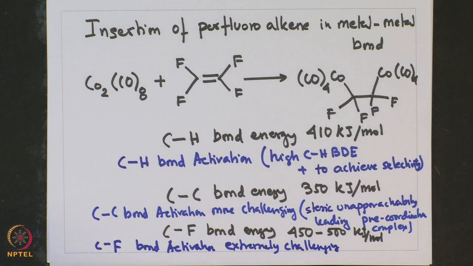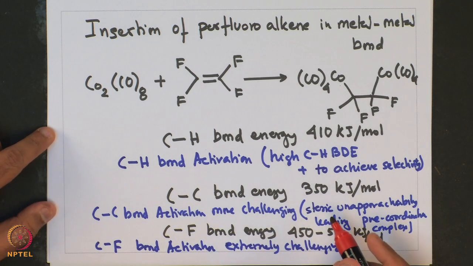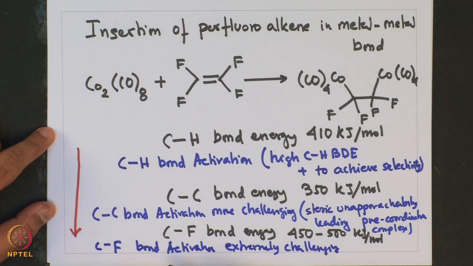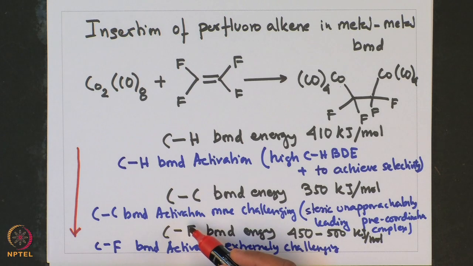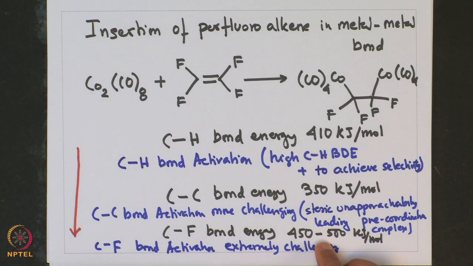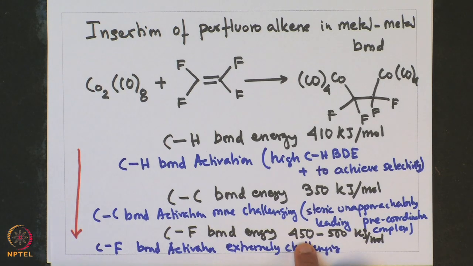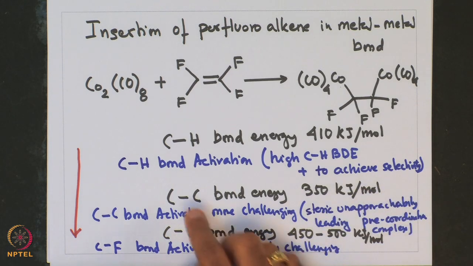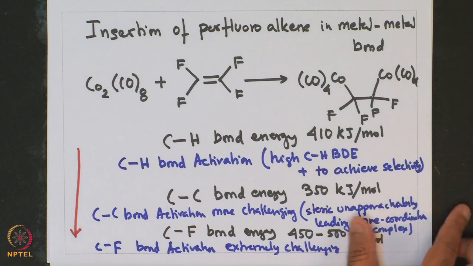So, this gives an overall picture that if one goes down the group, CH to CC to CF, difficulty in bond activation increases, and that, primarily for CF, is due to the very high CF bond energy, which lies between 450 to 500 kilojoules per mole, and is way higher than that of CC and CH bond energies as shown over here.